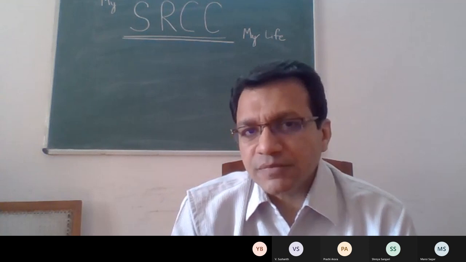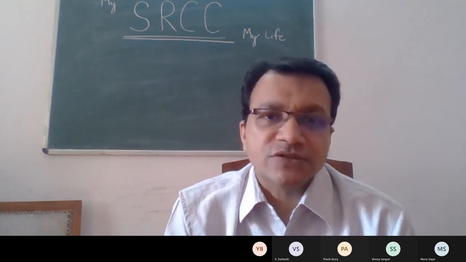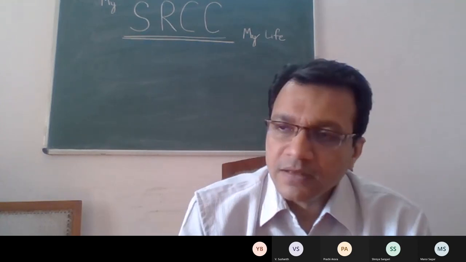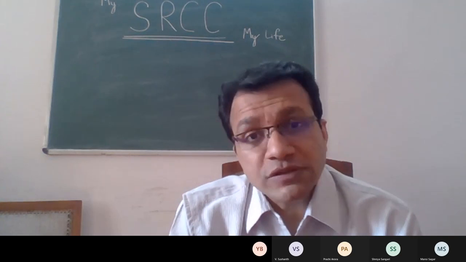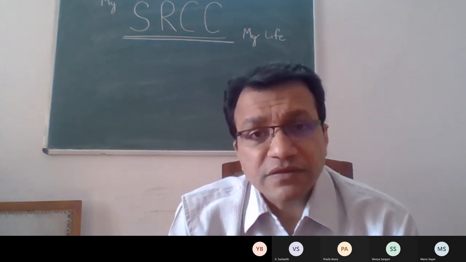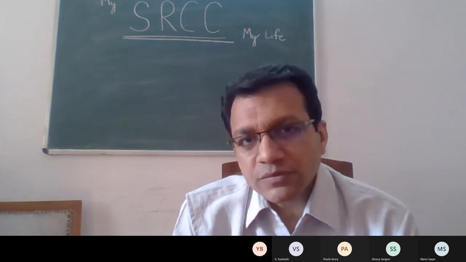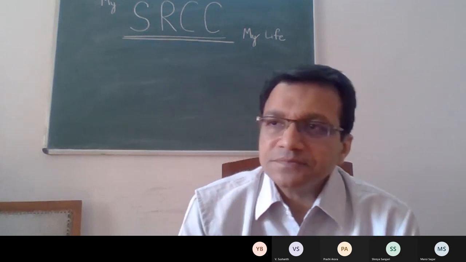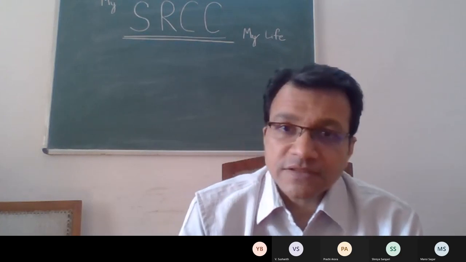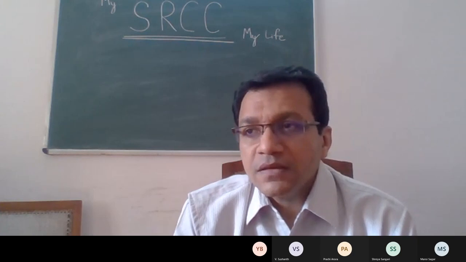Within section 7 of IGST Act, interstate supply, there were 5 subsections: 7.1, 7.2, 7.3, 7.4, 7.5. 7.1 and 7.2 talk about goods, 7.3 and 7.4 talk about services, and 7.5 talks about goods as well as services. So I am discussing section 7 of IGST right now.